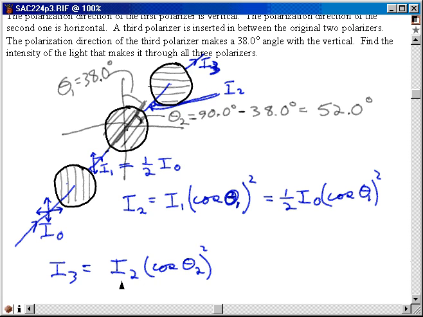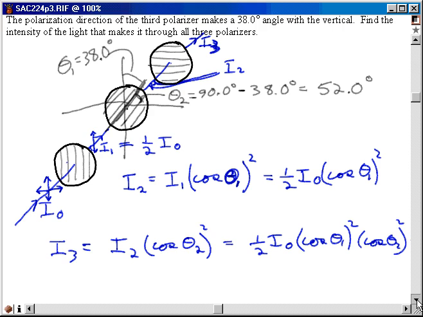So I2, however, we already determined to be 1/2 I0 times the cosine of theta 1 all squared. So replace that with that expression, and then we still got the cosine of theta 2 all squared.